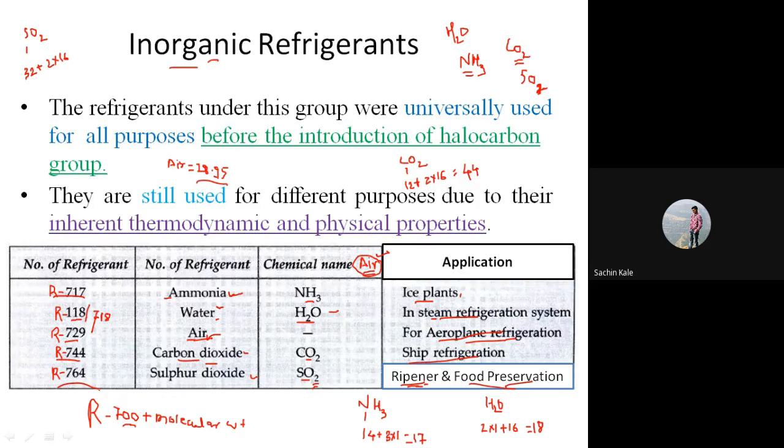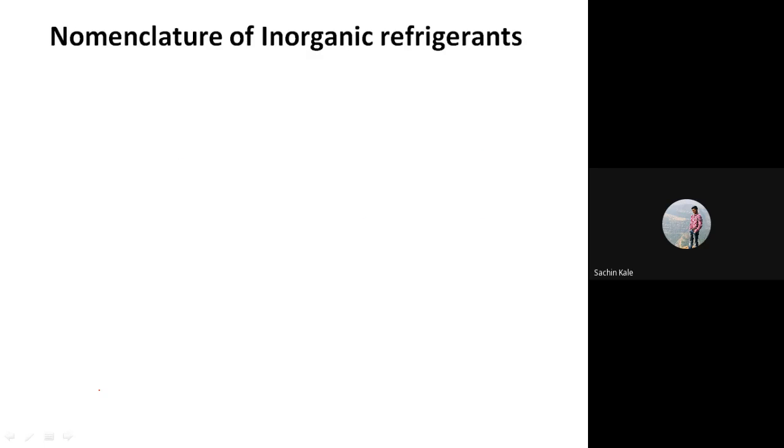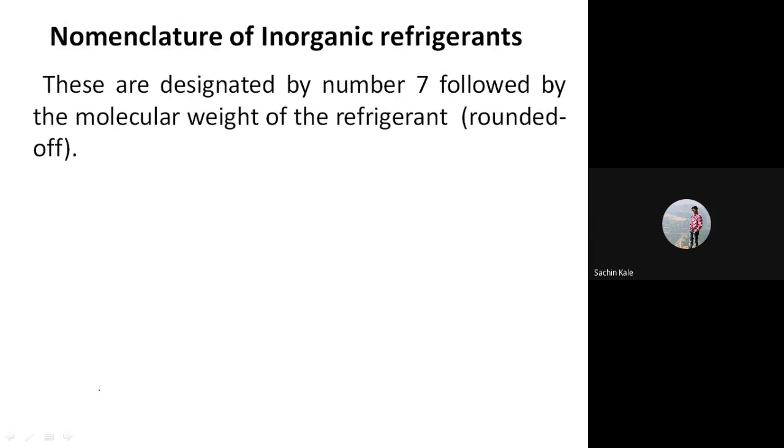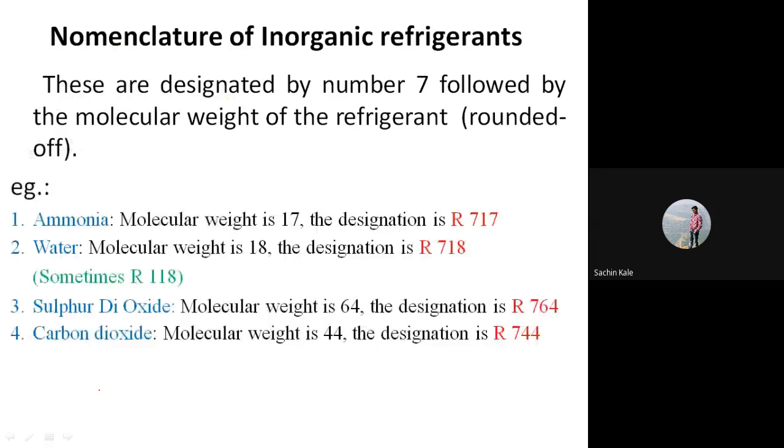Nomenclature of inorganic refrigerant, which I have told you. This will be designated by the number 7 followed by the molecular weight, that is R700 plus molecular weight. A few examples: ammonia will have the molecular weight 17, that's why the designation will be R717. Water will have the molecular weight 18, designated as R718, or sometimes it can be written as R118.